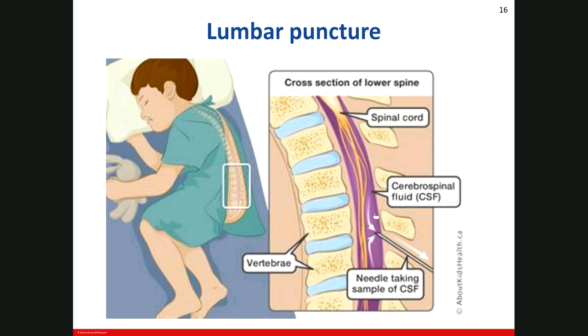We aspirate it and then we do different tests on the cerebrospinal fluid. Pay attention, we should do it after the conus medullaris, because if we do this lumbar puncture above lumbar vertebra number 1, we may hurt the spinal cord. So we need to do it where our spinal cord has finished in our vertebral column.